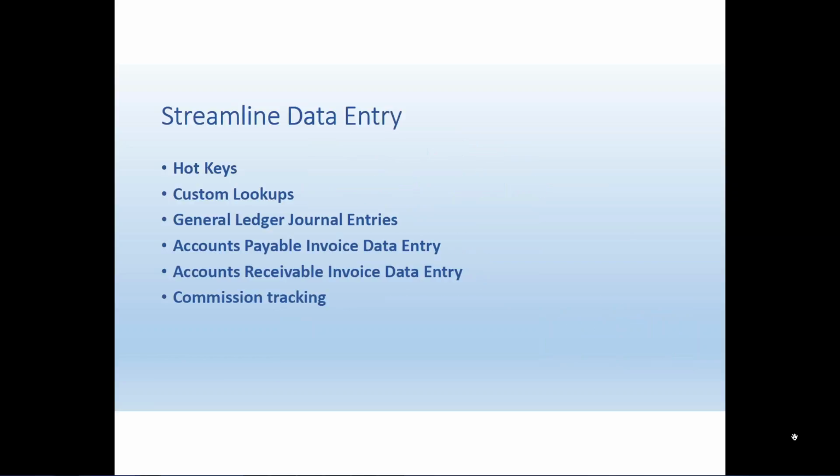In streamlining data, we'll look at hotkeys, to get that hand off the mouse, save the arm if at all possible, and make things go a little faster. We'll be looking at custom lookups. We're also taking a look at streamlining some general ledger journal entries, accounts payable invoice data entry, accounts receivable invoice data entry, and commission tracking.